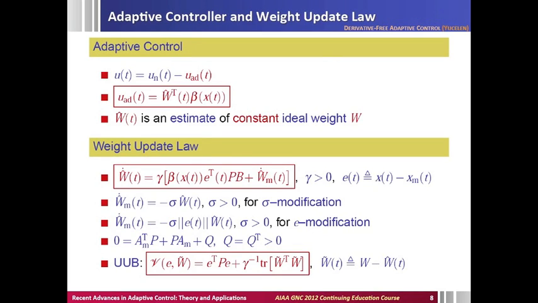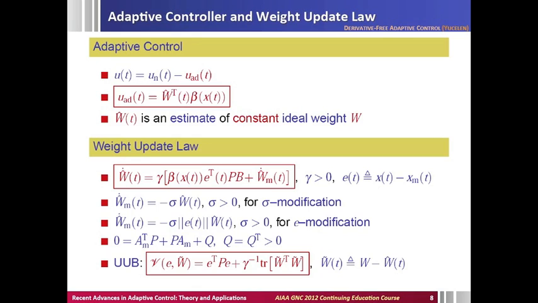So again, this is the standard adaptive controller, and this is the standard weight update law. Since we have residual error, then we need to use sigma modification, e modification, or projection operator. And this is the Lyapunov equation. And then in the morning, I proved that by considering this Lyapunov function, we have uniform ultimate boundedness. We discussed matrix adaptation gain.